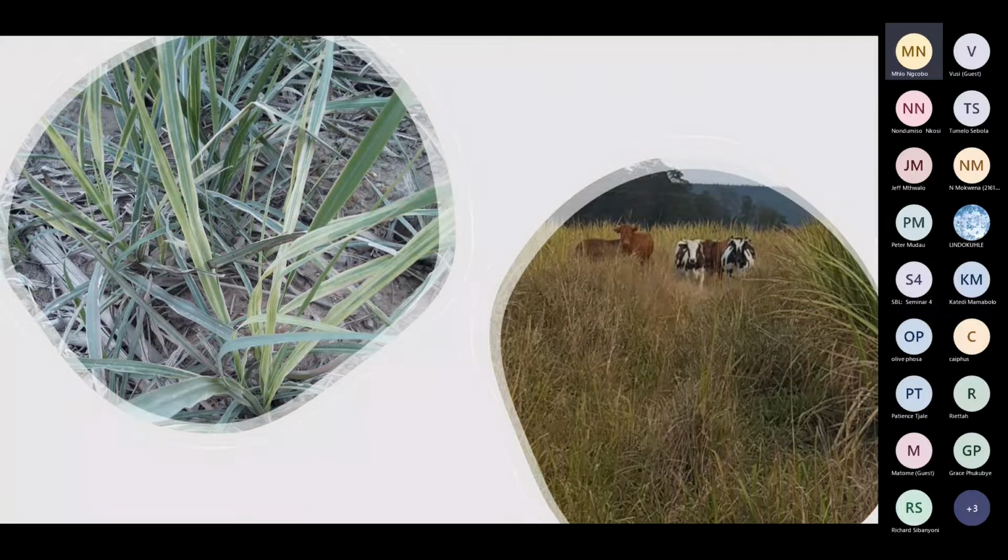And then other external factors that one has in terms of challenges are the cattle that feed on sugarcane. This is a huge hindrance in sugarcane growing within the South African context.